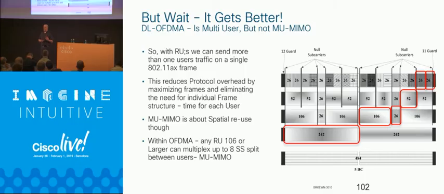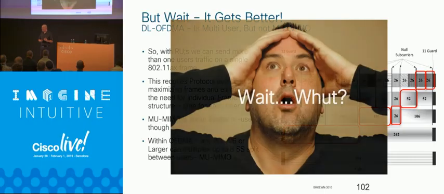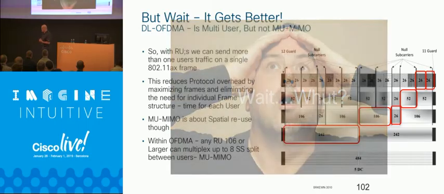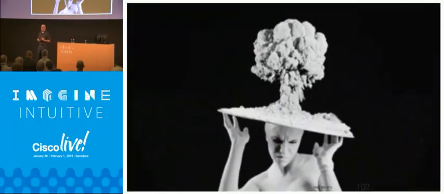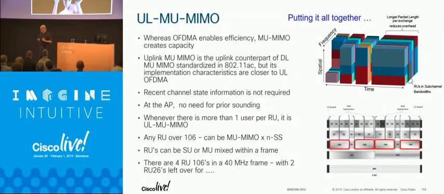So within an RU that is 106, if I have 8 spatial streams, I can plug 8 clients into that at 1 spatial stream apiece, theoretically. So wait, you're giving me multi-user Wi-Fi, really multi-user Wi-Fi. I haven't even touched spatial streams yet, and on top of that, I can spatially multiplex? That's a lot more capacity.